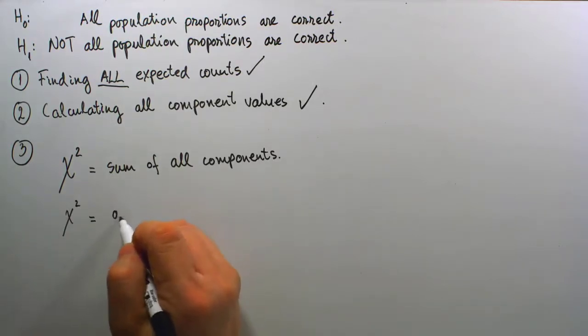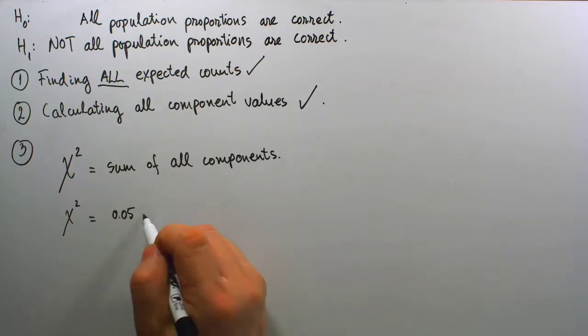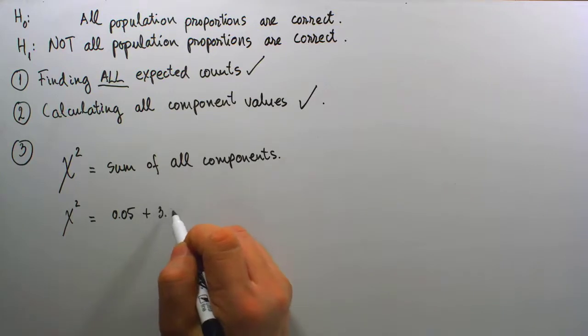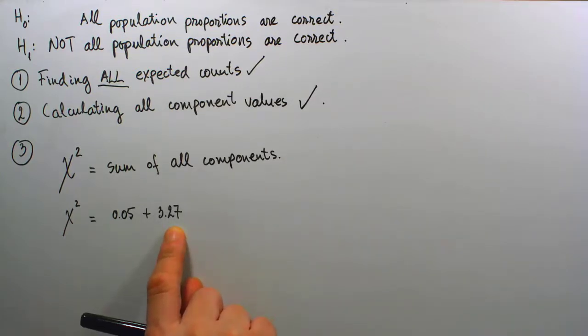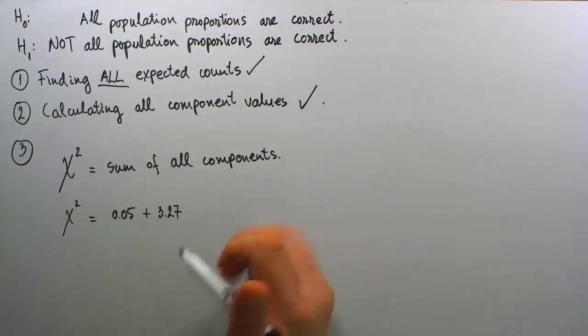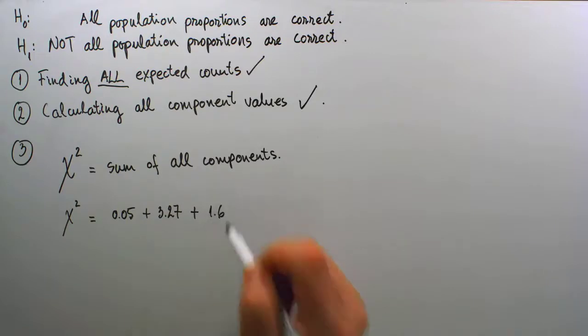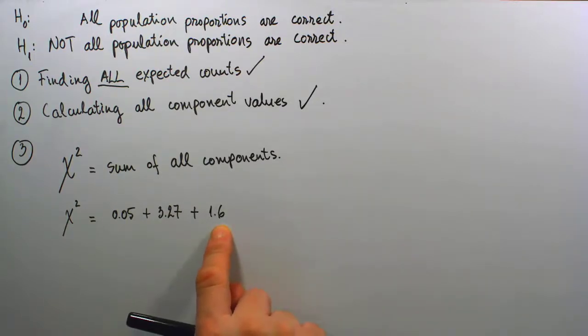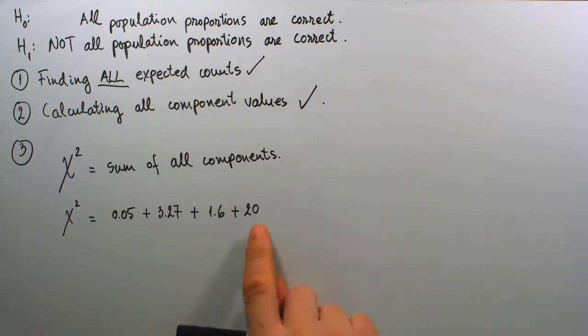0.5 is the component for the first category. I'm going to add 3.27 as the component for the second category. I'm going to add again the third component value being 1.6 here, and I'm going to add the last component value being 20.